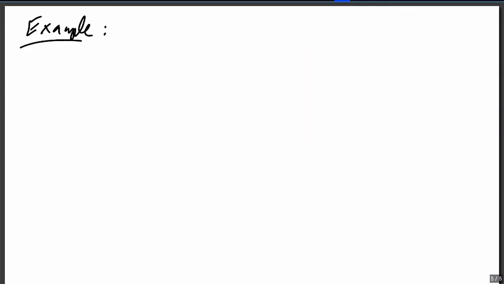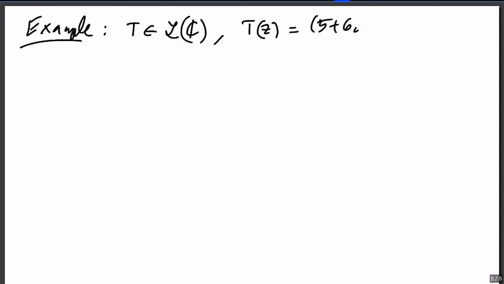Example for this: if we have T, a linear operator on the complex numbers, defined by T of Z equals 5 plus 6i times Z, and we want to look at this in basis B, which is 4 plus 3i and 3 plus 4i.